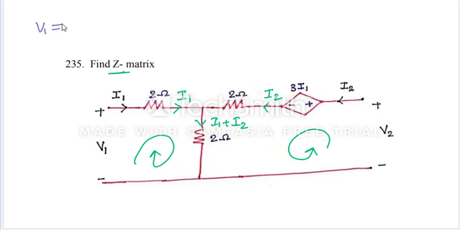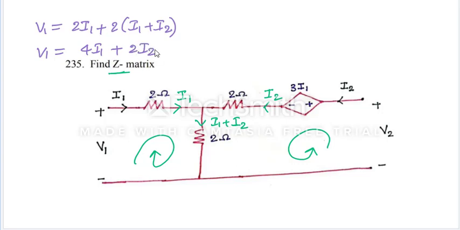Yes, V1, which is equal to what now here? 2I1 plus 2 into I1 plus I2. So from this, what can I say, V1 is equal to what now here? 4I1 plus 2I2.